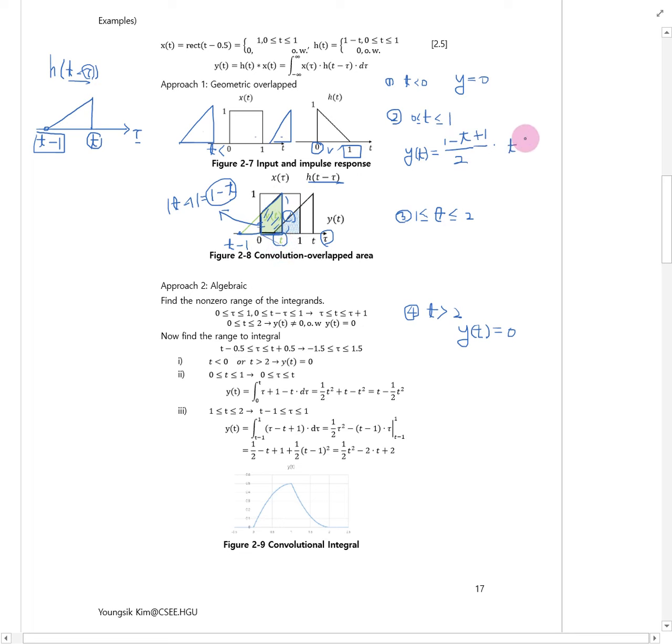So it will give, if you multiply this 2 and 1, t minus 1.5 t square. Okay, this is it. Then what about this one?